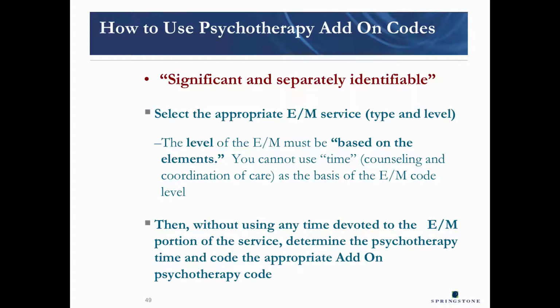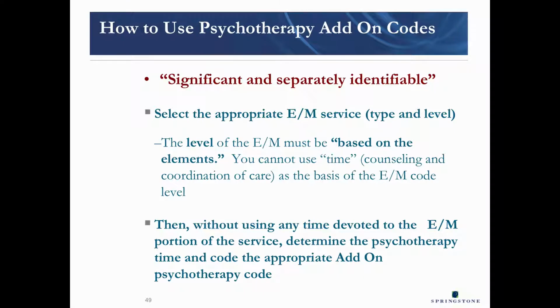So in your head, you need to think, okay, I just spent 30 minutes with this patient. Of that 30 minutes, how much of the time approximately was E&M? And then when you subtract that out of the total, how much time was left? And of that, was it all psychotherapy? And based on that time, we can bill the psychotherapy.